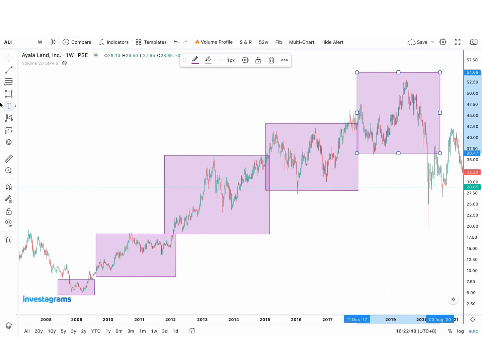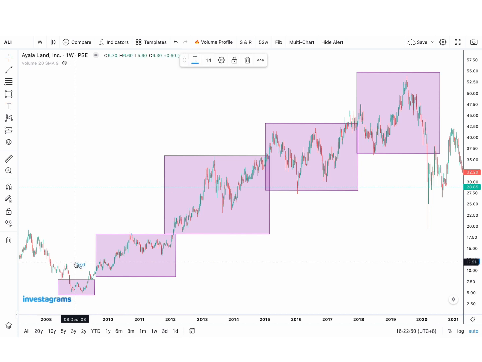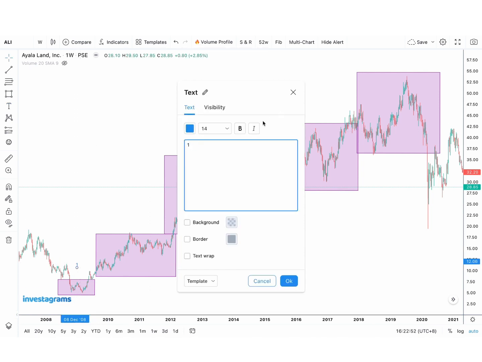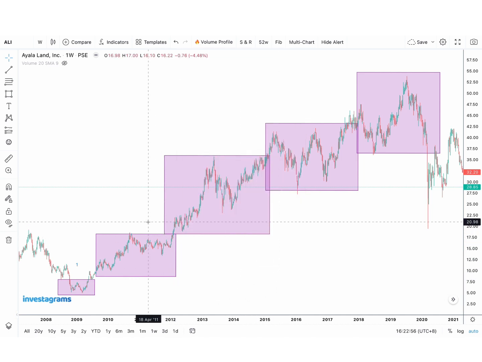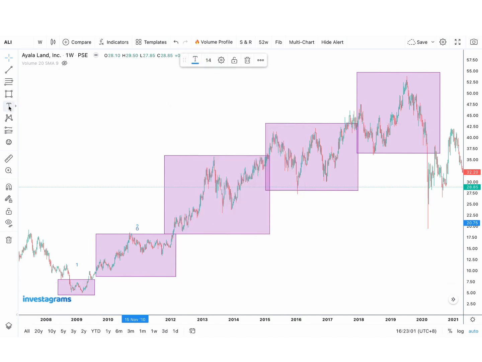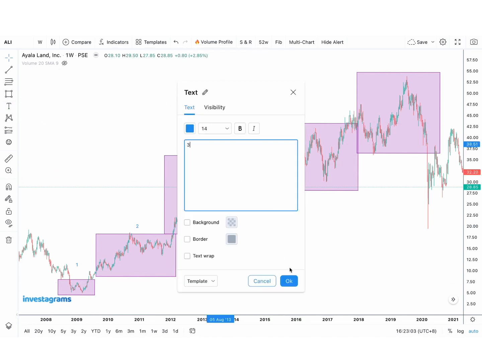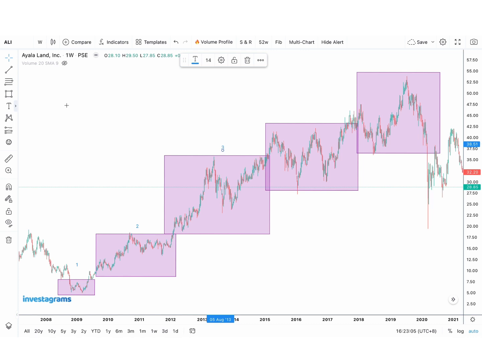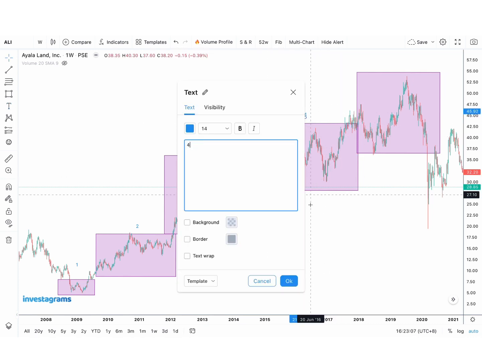We start off in 2009 when prices bottomed out after the financial crisis. So here are 5 bases. Let's label them bases 1, 2, 3, 4, and 5.